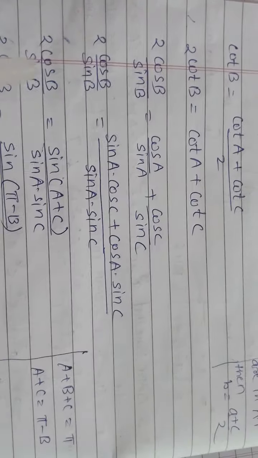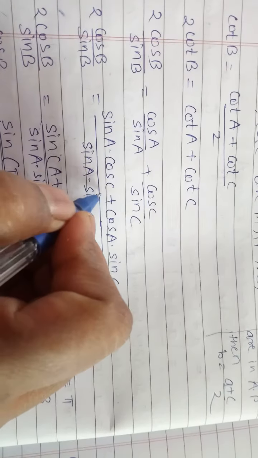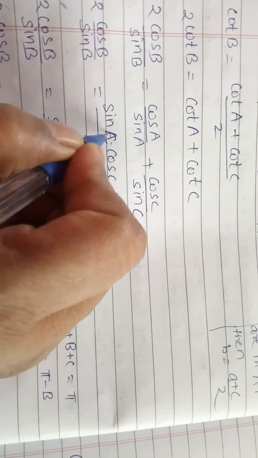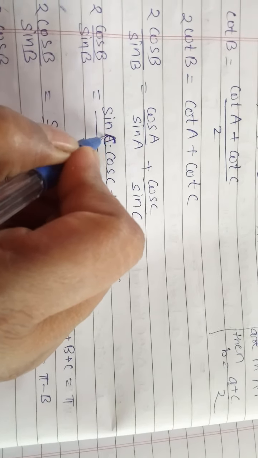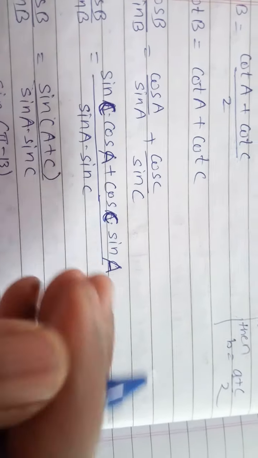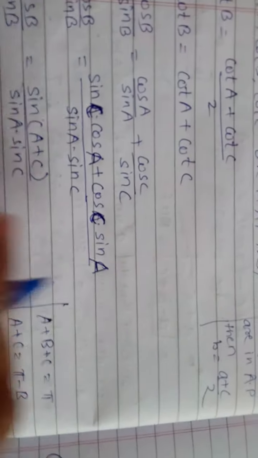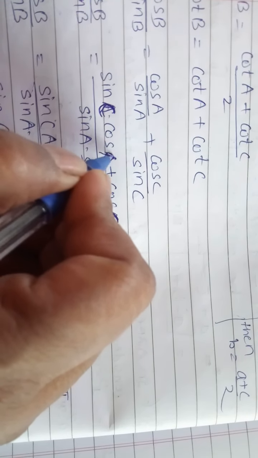Now we are going to take the LCM. The left side is as it is. The LCM of this one is sin A into sin C. So taking cross, here, some mistake is there, cos A into sin C, sin C into cos A. And here the cross is sin A into cos C. The order is wrong, so I write it correctly.